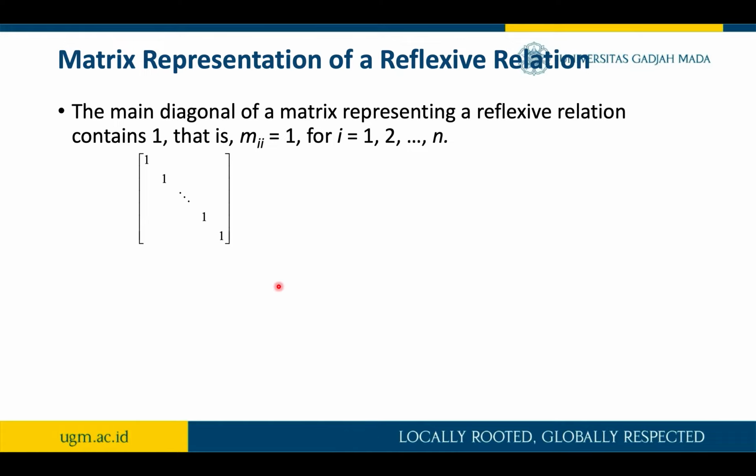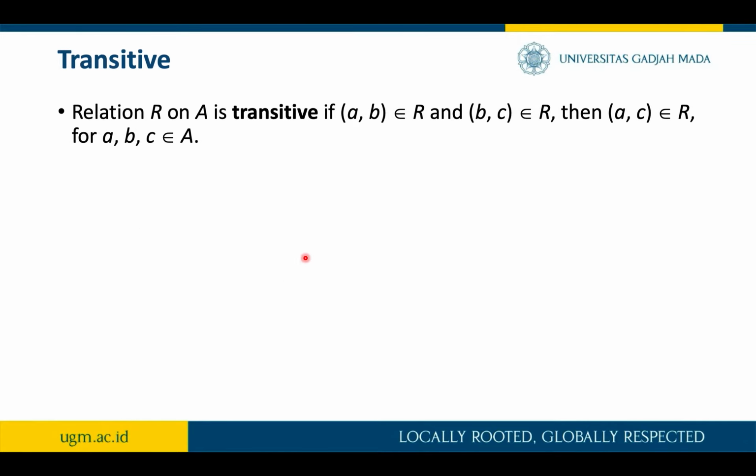Okay. The next property is transitive. Relation R on A is transitive if (a, b) is an element of R and (b, c) is an element of R, then (a, c) is also an element of R, where a, b, c are elements of set A. It is just the common transitive property, but in this case we apply it to relations.